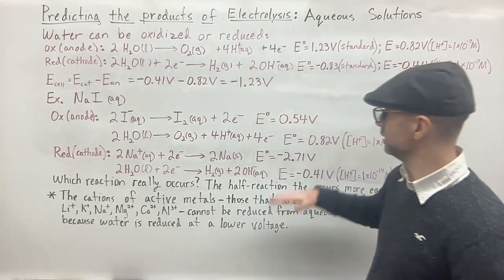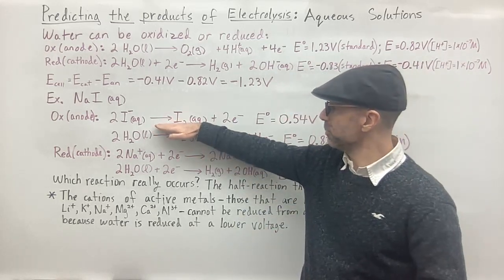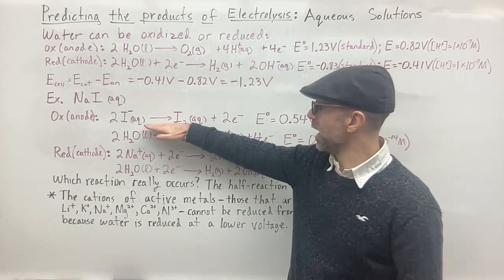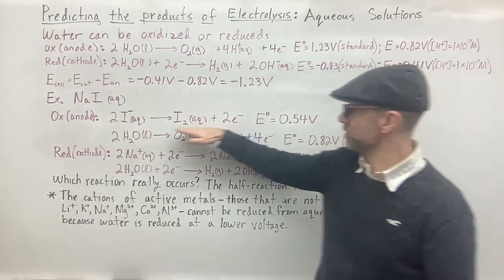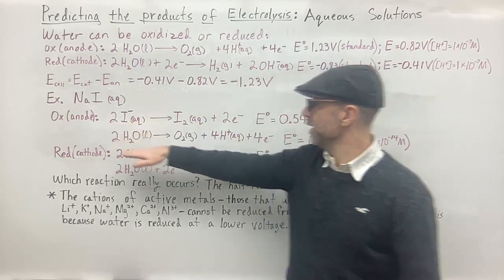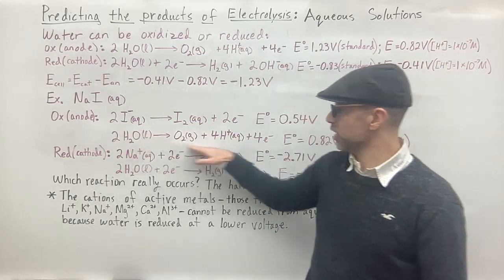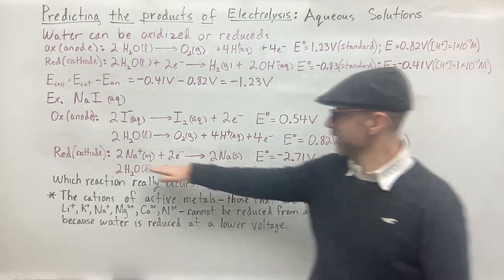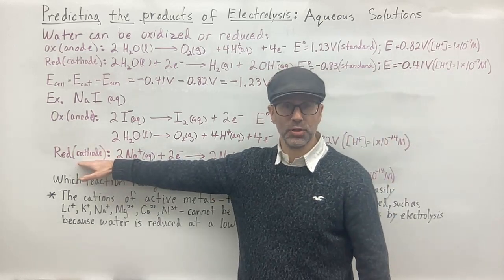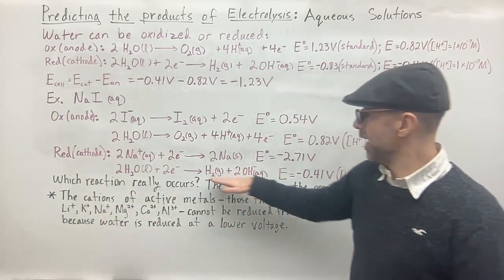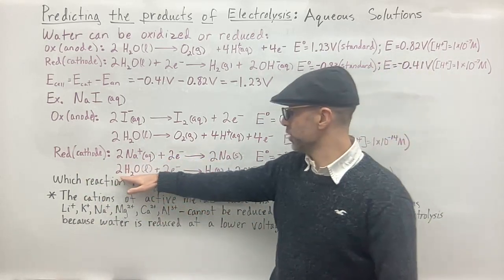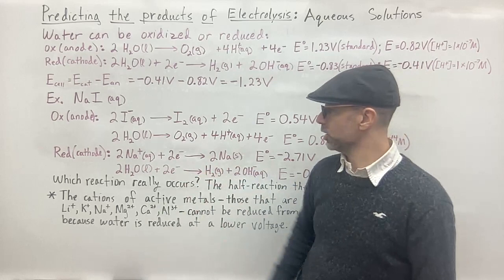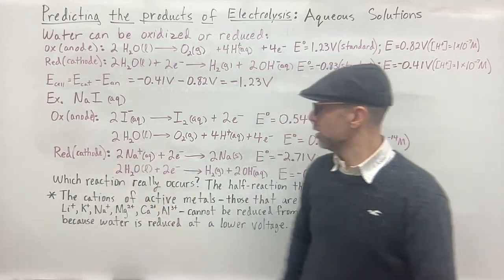So here I have listed the possibilities. These are the possible oxidations that can occur at the anode. So here I have the oxidation of the iodide ion, and I also have the oxidation of water. And here at the cathode, there's two possibilities of reduction. Again, I have the reduction of sodium and the reduction of water at the cathode, excuse me.